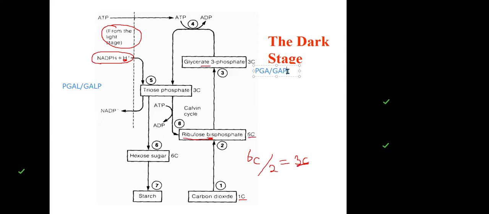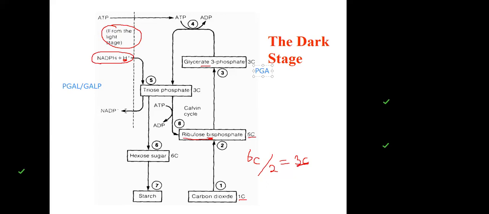Okay, mostly it is PGA. Let me remove this. So this PGA is phosphoglyceric acid. Those are just other terminologies that are used by different books. So what happens is that, of course, if the hydrogen has gone away, we are going to remain with oxidized NADP.